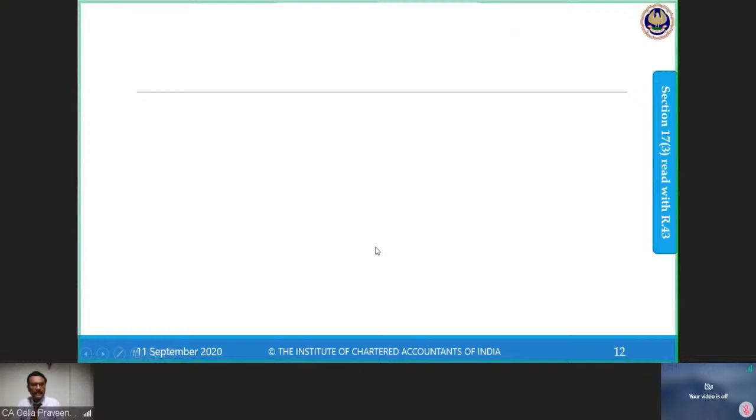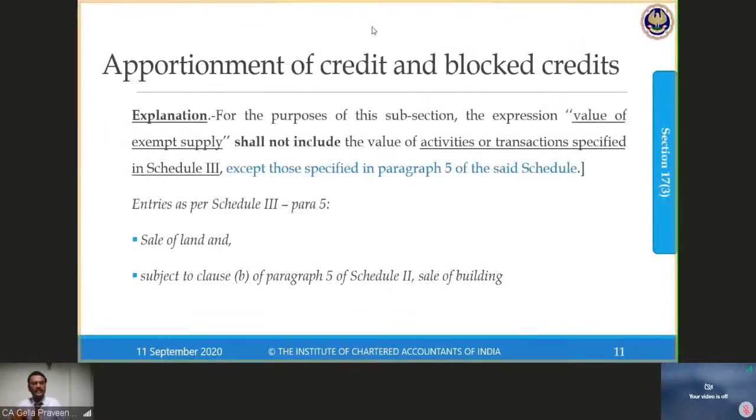Now quickly let me see if there are any doubts in relation to 17 subsection 3 till now. If any doubts are there, I'll quickly take that, otherwise we'll go further. Okay, there are no doubts till now. I understand that discussion is getting a little technical.